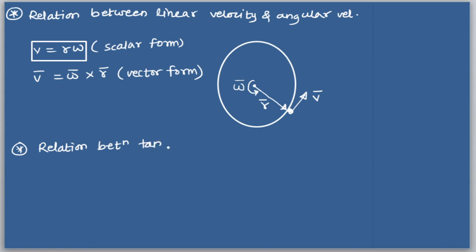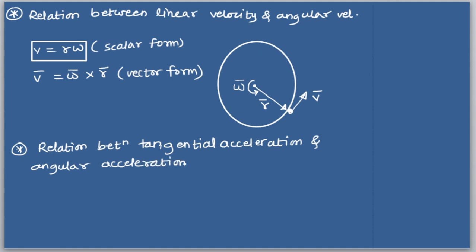Let us not write it as linear acceleration, let us write it as tangential acceleration. What is that relation going to be? The relation is very simple. AT is equal to, T stands for tangential, A means acceleration, tangential acceleration is equal to r into alpha, where alpha is the angular acceleration.